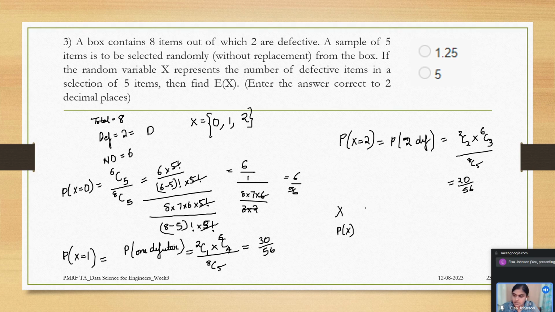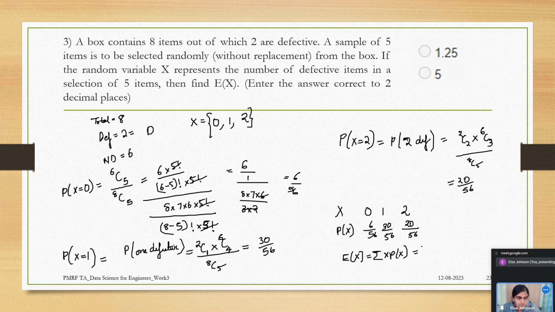Okay, so now you have to write the variables as well as their probabilities in a table. So 0, 1, 2 and 6 by 56, 30 by 56, 20 by 56. If you see the total, it will come to 1 itself. Okay, so the expectation of x will be sigma x into p of x.